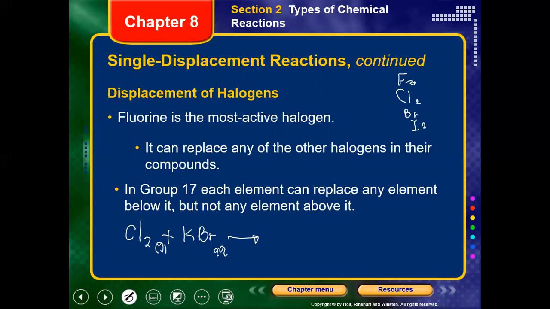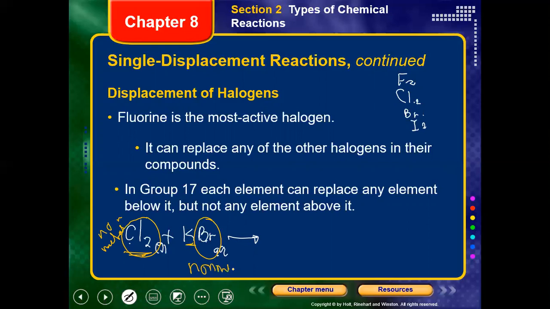Fluorine is more active than chlorine, fluorine more active than bromine, so Cl is more active than Br. I didn't say that Cl is more active than K. We said before you have to compare two elements from the same family, similar to each other. This is a non-metal, so you have to compare it with another non-metal, not with a metal, okay?